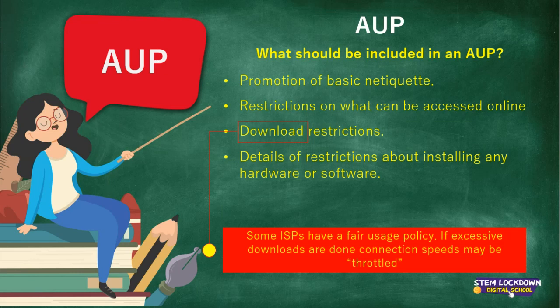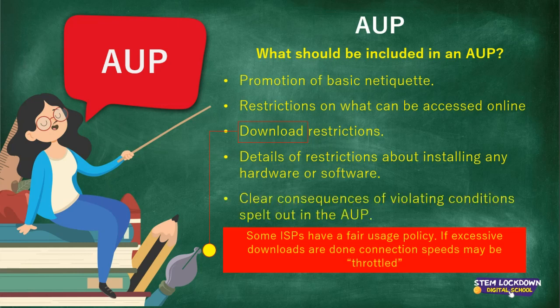So that's why some user policies actually ban such practices, especially in a network environment where there's an administrator. He's the one or she's the one who's responsible for what should be installed and what should be uninstalled, right?